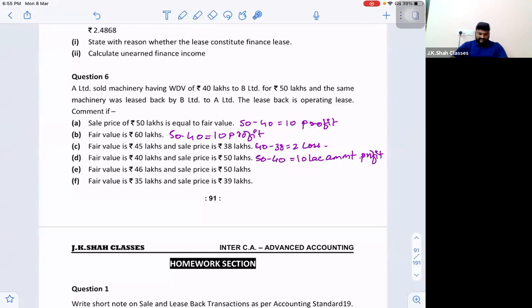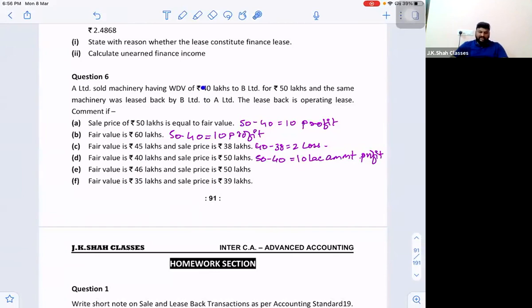So I've got an answer: 6 lakh record immediately and 4 lakh amortize. Yes. Sir, here two profits I will show. That is first, the difference of fair value and WDV, that is 46 minus 40, 6 rupees record immediately. And the difference of selling price and fair value, 4 rupees of profit has to be amortized. So overall, there is a 10 rupees of profit.